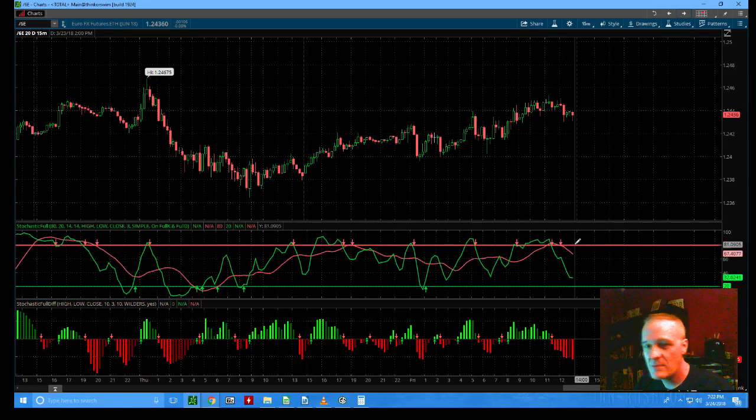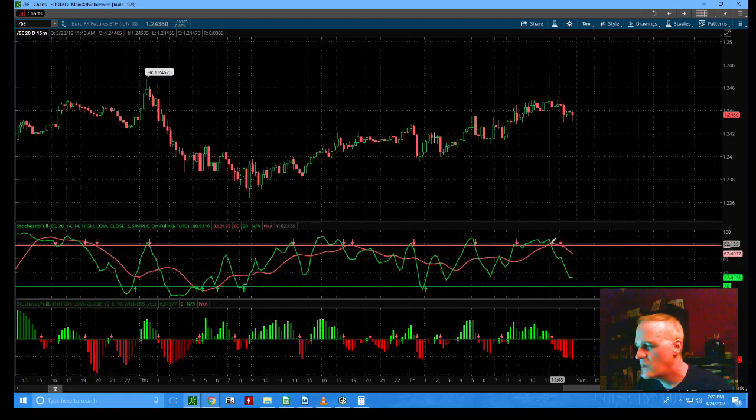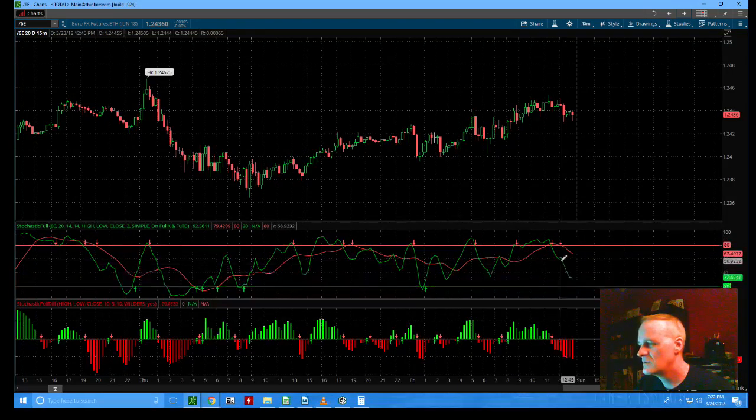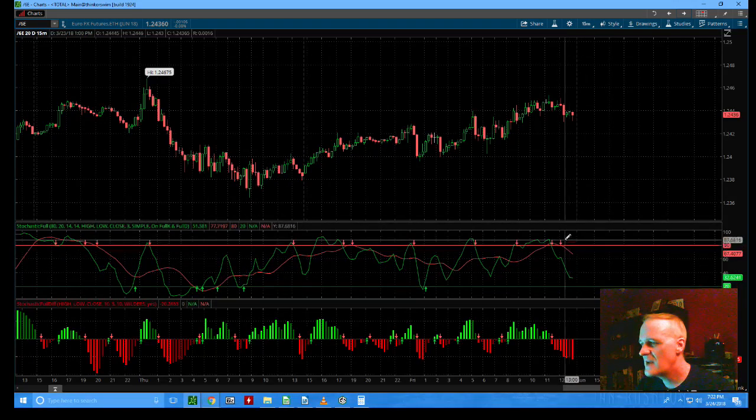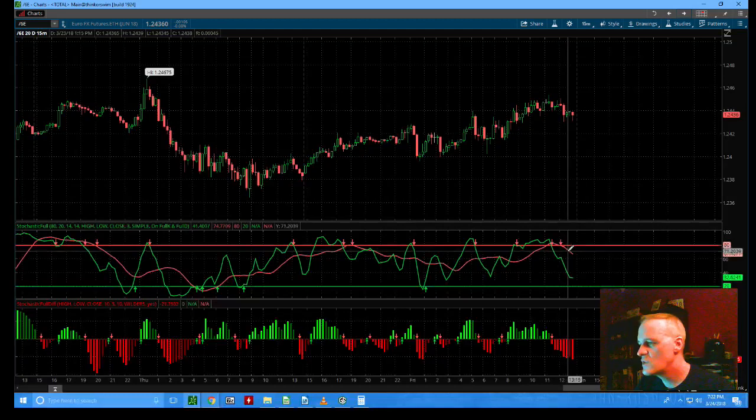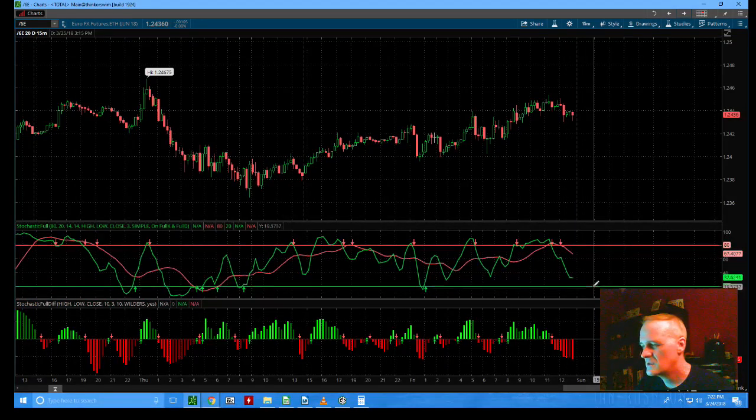Generally speaking, and this has been my experience, when you see a crossover and this fast signal is moving towards oversold, that move is usually not done until the slow signal also touches down.